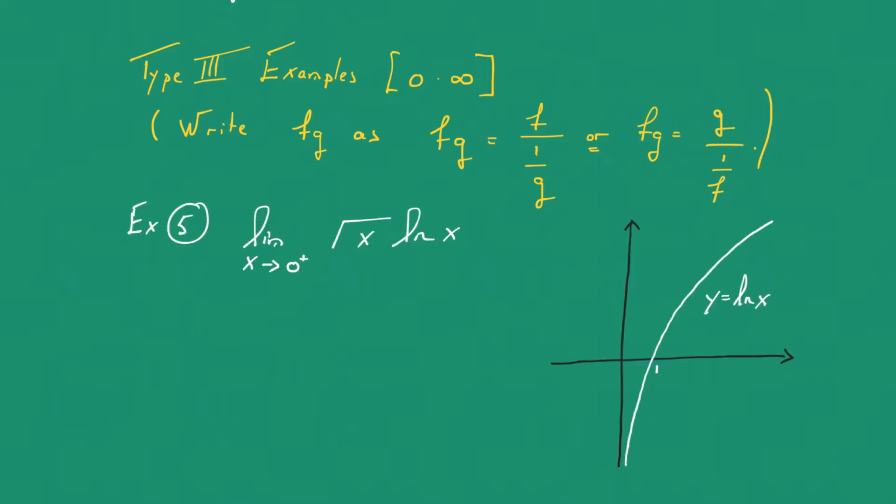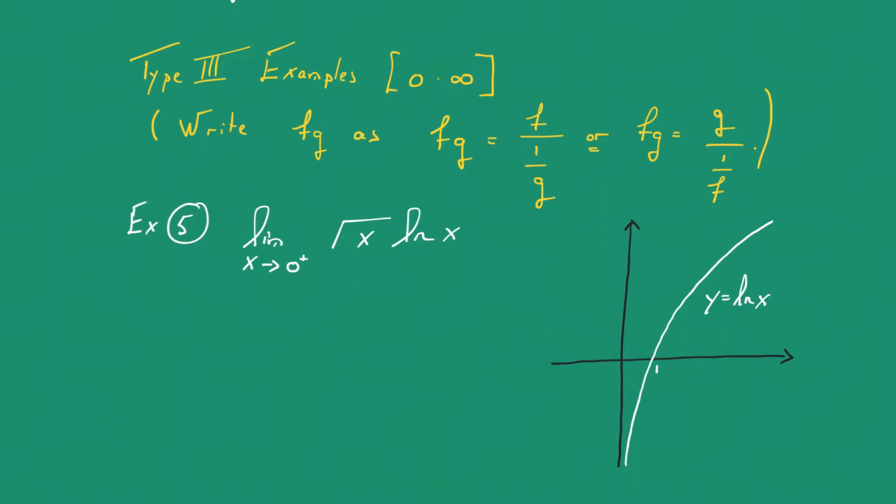All right, so here's an example. This is the fifth example, in fact, for us in the L'Hopital's rule section. So we're supposed to take the limit as x tends to 0 from the right of root x times log x. So the first thing we should do is consider what type this is.